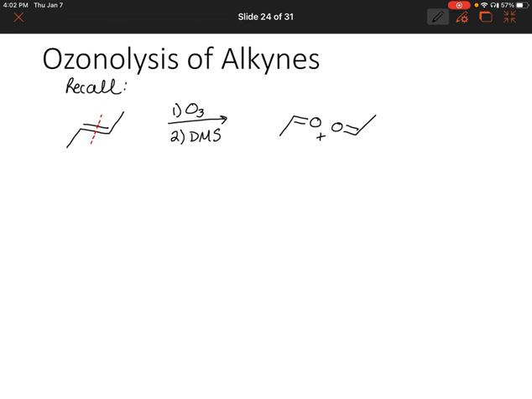Now, what's the relationship between those 2 products? Are they constitutional isomers, enantiomers, diastereomers, or identical? They're identical. And again, you'll notice that our alkene was symmetrical, so we should expect identical products. So just one product.